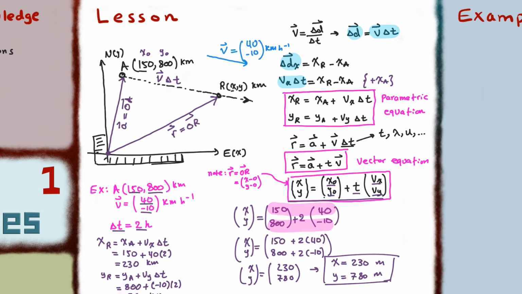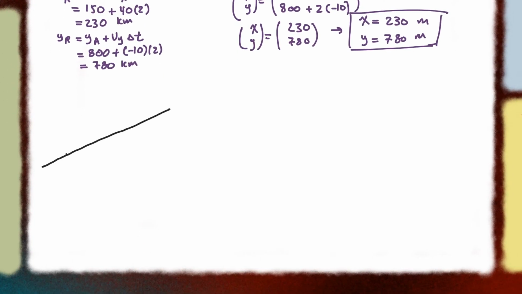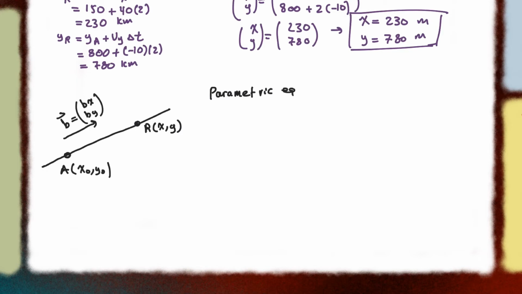For our final displacement, this is an application type question when it comes to vectors, but mathematically if you have a line which starts at position A and ends at position R, and let's say it has a direction vector which has an x component of bx and y component of by, then for our parametric equation we are going to have the final x position equal to the initial x position plus t multiplied by bx, and our final y position is going to be our initial y position plus t multiplied by by.